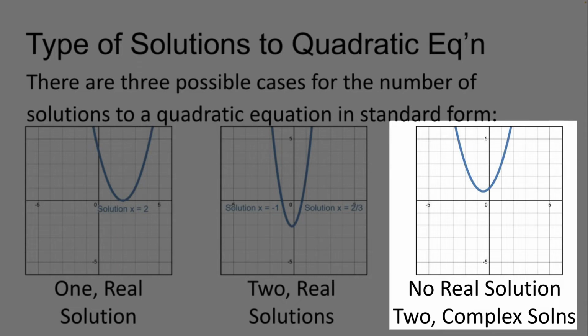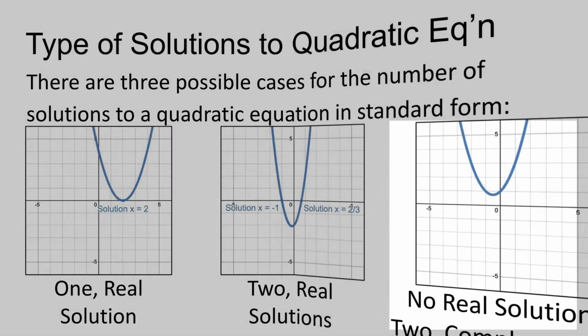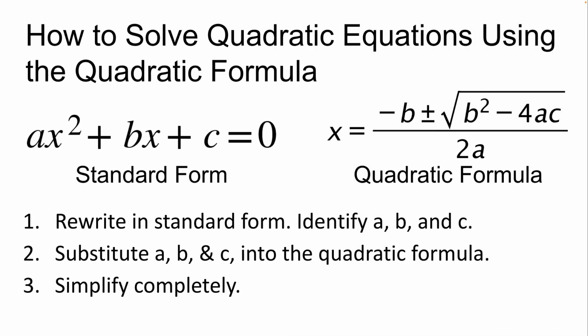However, if you are asked to use the imaginary number i, this type of quadratic equation would have two complex solutions. So depending on which types of solutions you're looking for, the third parabola would either have no real solution or two complex solutions.